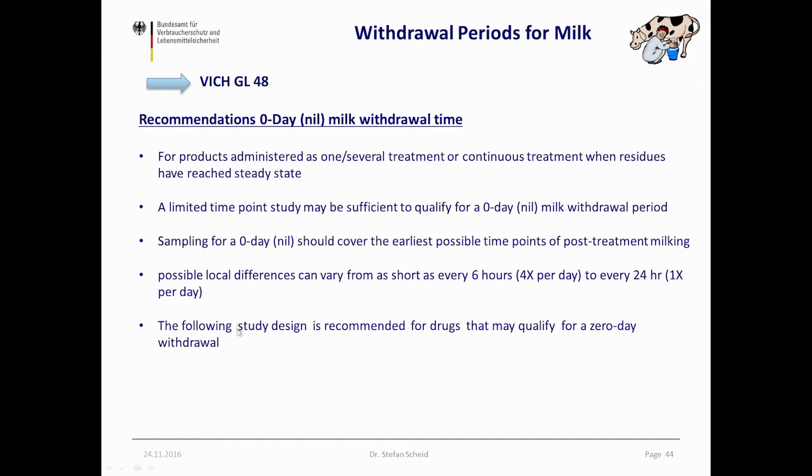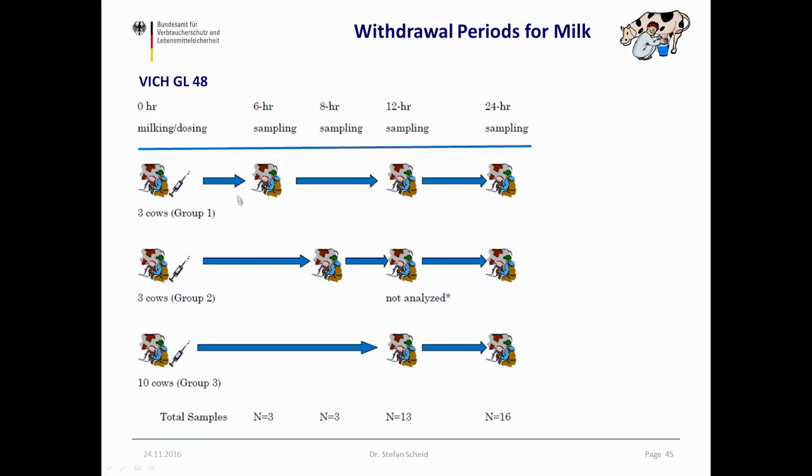And the following study design was recommended for drugs that may qualify for a 0-day withdrawal time. This is the study design from the VRCH guideline. You would treat cows. The total number is 16 cows.